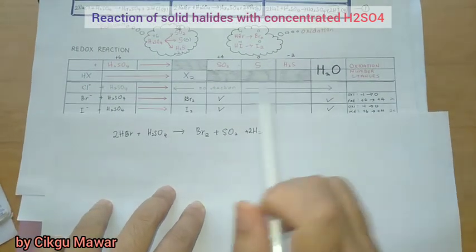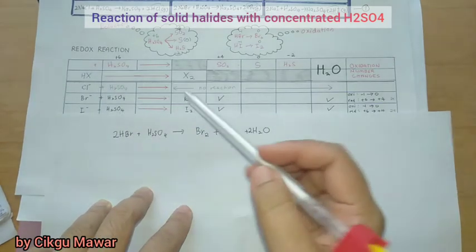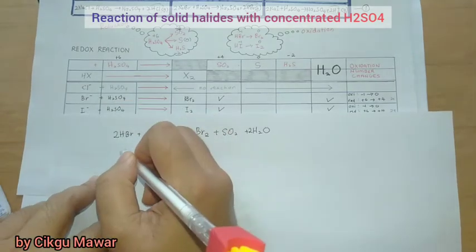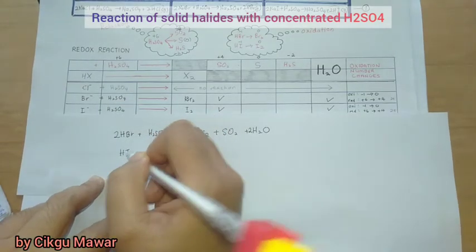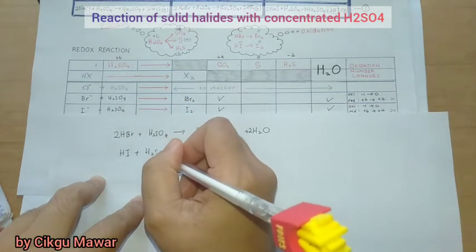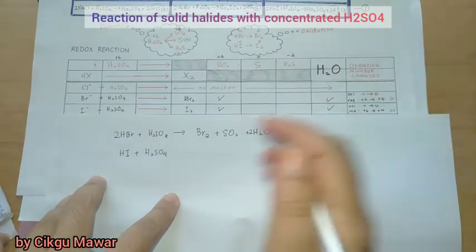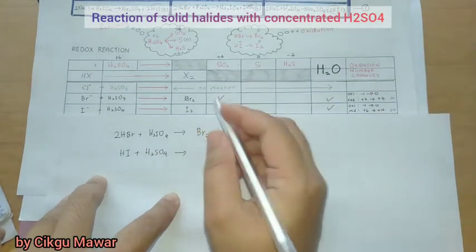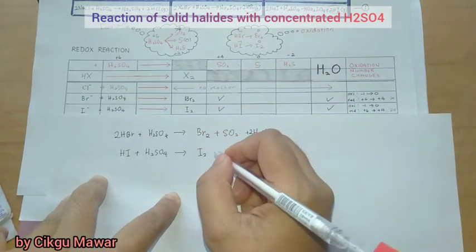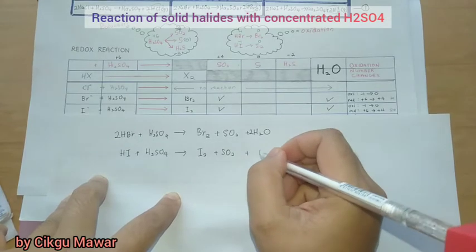Now the redox reaction of hydrogen iodide with sulfuric acid. We do the first one first. For iodide, we write it as hydrogen iodide, and it reacts with sulfuric acid. The products formed are iodine, followed by sulfur dioxide, followed by water.